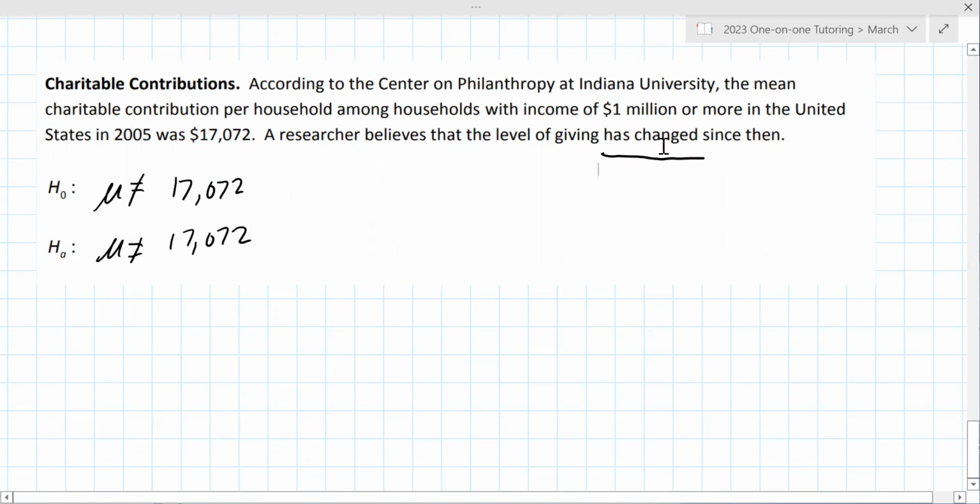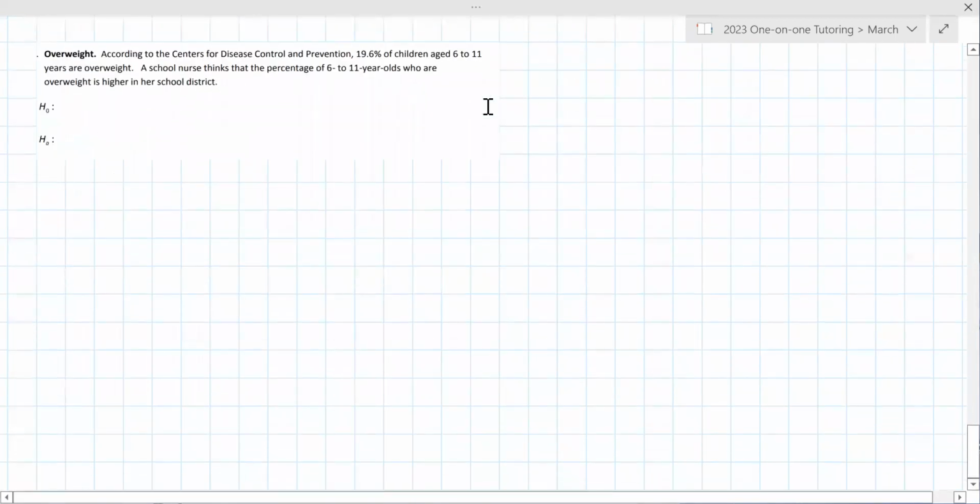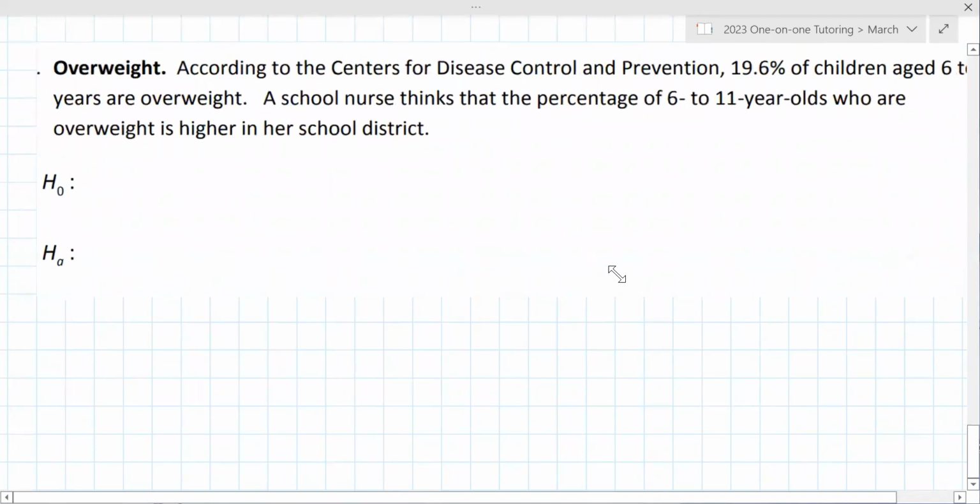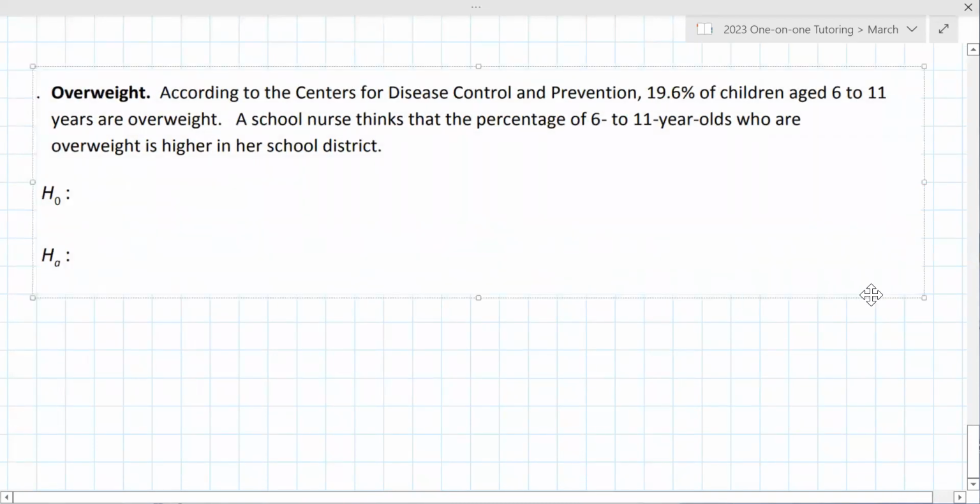If it's exploratory research, you might say we think it's changed. Okay. So let's do one more here before we move on to a new topic. Some of these are very negative, but that's just the nature of this sort of statistical testing.